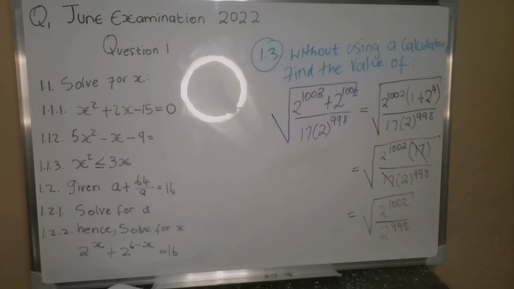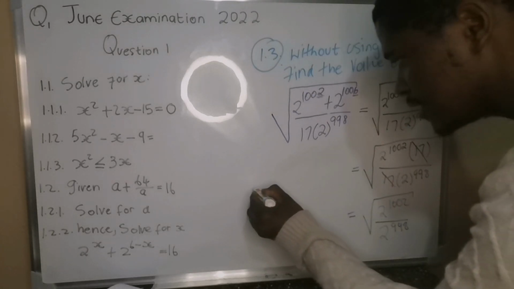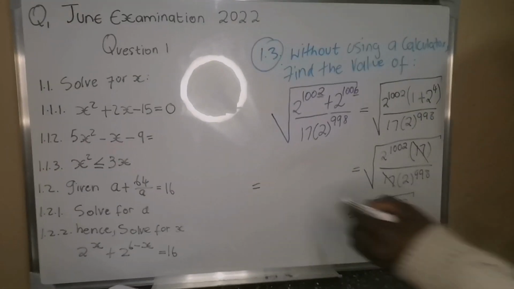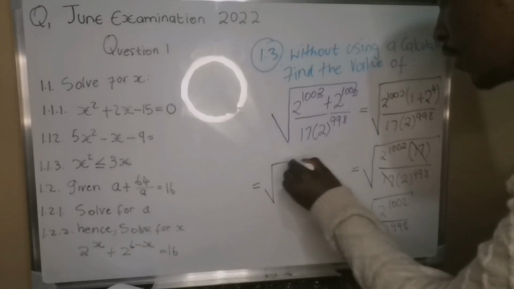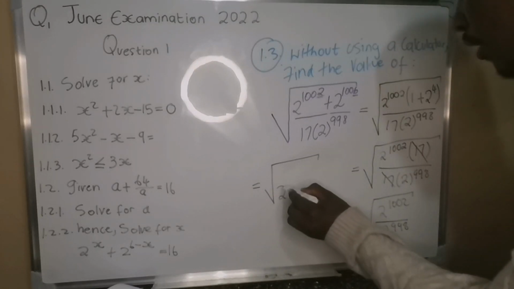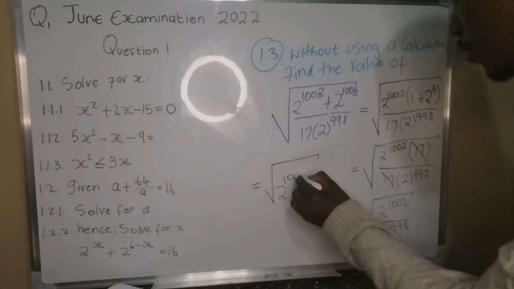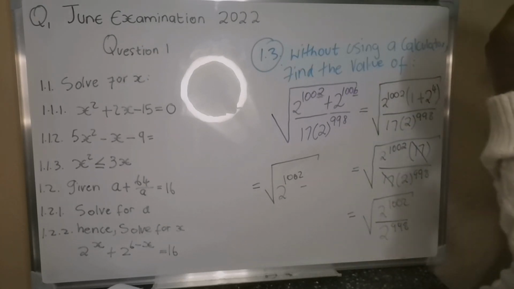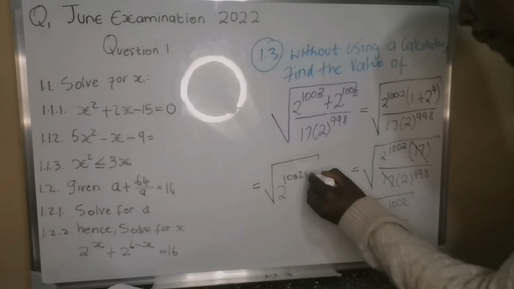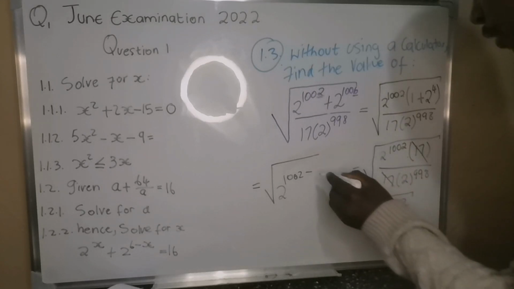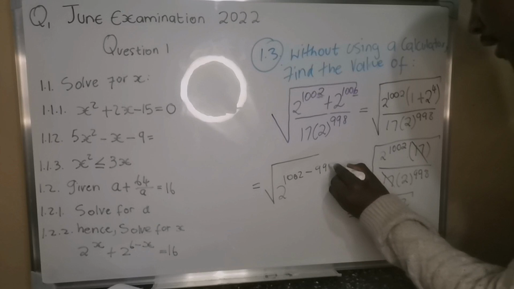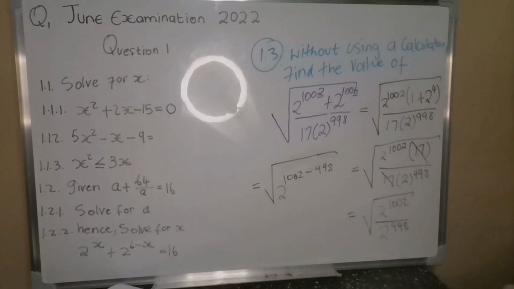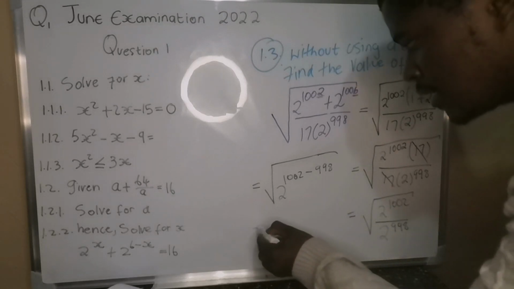If the bases are the same, just subtract the exponents. That means you're going to have the square root of 2 to the power 1002 minus 998. Why am I doing this? Because I am dividing the same bases. Therefore, I need to subtract my exponents.